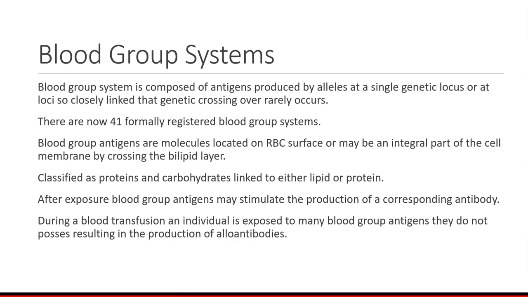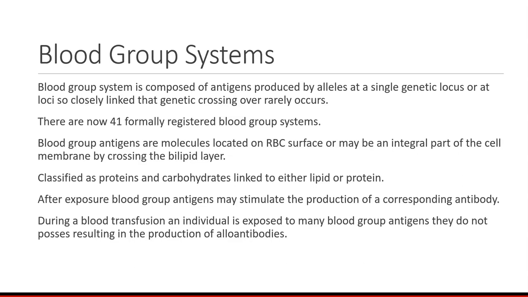Blood group antigens are molecules located on the red cell surface, or they may be an integral part of the cell membrane by crossing through the bilipid layer. And in some blood group systems, if these antigens are lacking, this could cause deformation of the red cell. They're classified as proteins and carbohydrates, and remember what makes a good antigen?